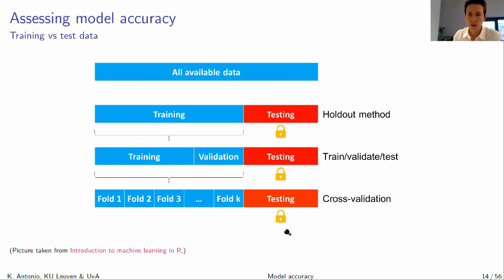We put these on the lock. We're not going to touch these during the training phase, the model building phase. How are we going to do this model building? Well, think about the tuning parameters. You have to pick meaningful values for the tuning parameters. How are you going to do that? You can do that with a training validation approach. You can do that with a k-fold cross-validation approach, right? So then you're going to use the part of the data in blue.